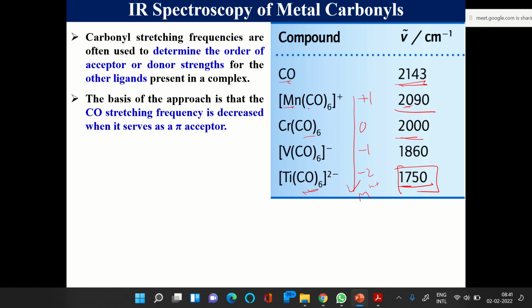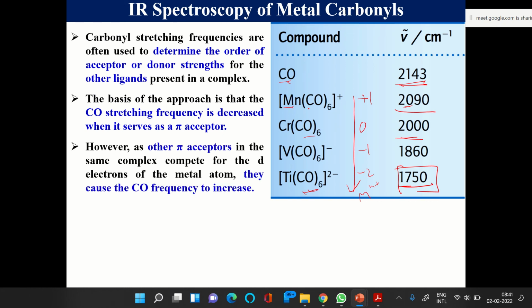So these are the things. CO stretching frequency is decreased when it serves as a pi acceptor. Well taken. As with other pi acceptors, when you substitute some of this CO, suppose these are the examples where all six sides had only carbonyls.